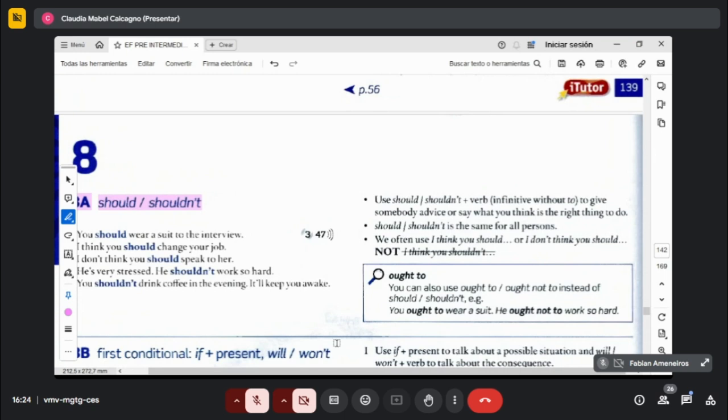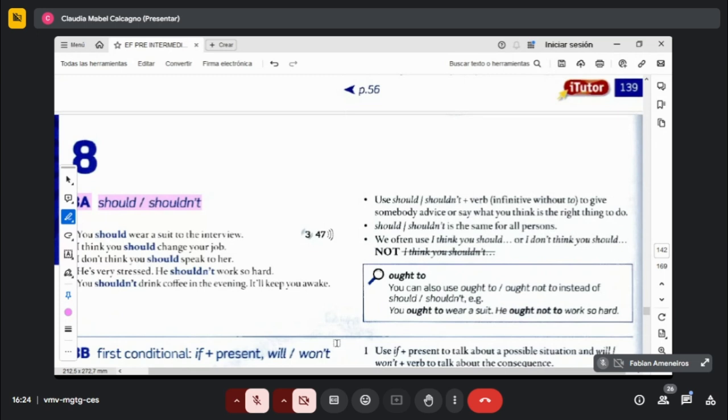We often use I think you should or I don't think you should, not I think you shouldn't. You can also use ought to, ought not to instead of should, shouldn't. For example, you ought to wear a suit. He ought not to work so hard.